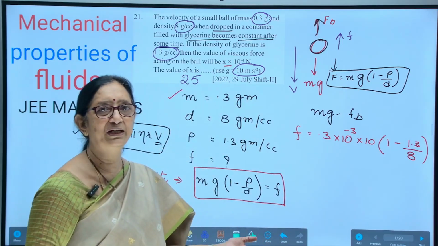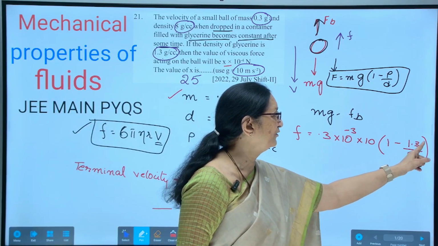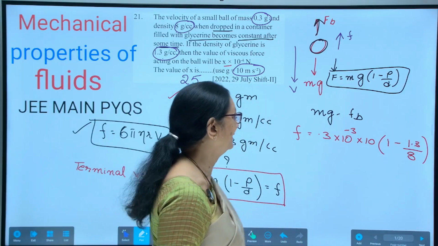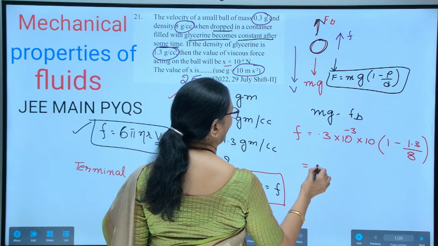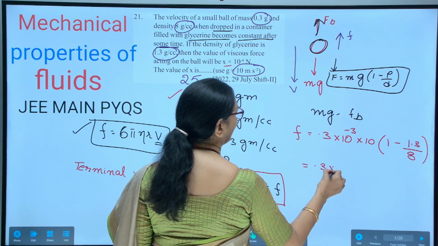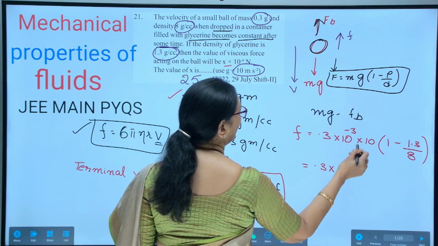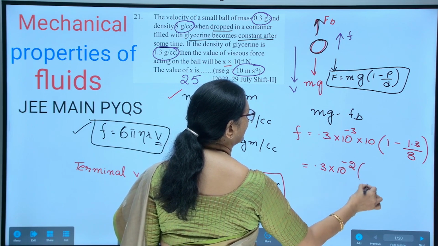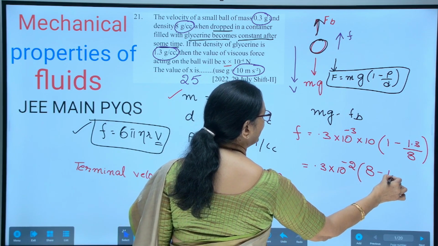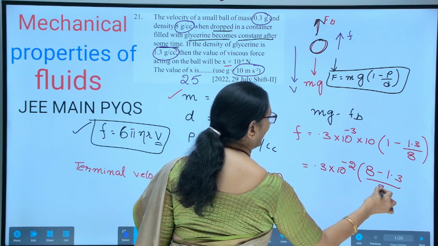But anyway, you need not convert gram per cc, as numerator and denominator get cancelled. So, here viscous force is equal to 0.3 into 10 power minus 3 into 10, which is 10 power minus 2, into 8 minus 1.3 by 8.